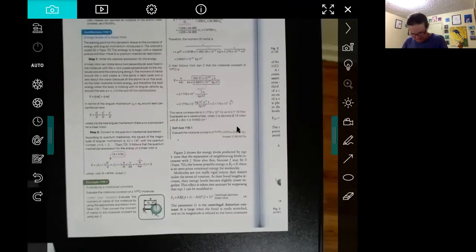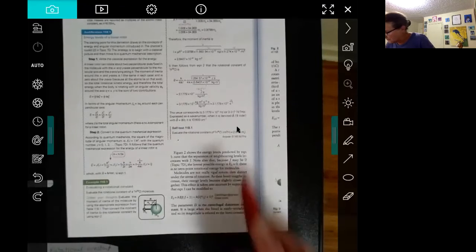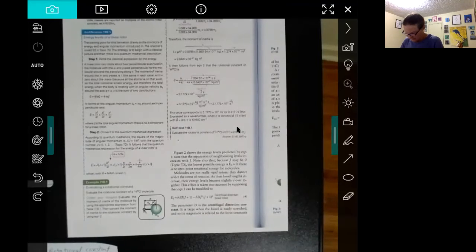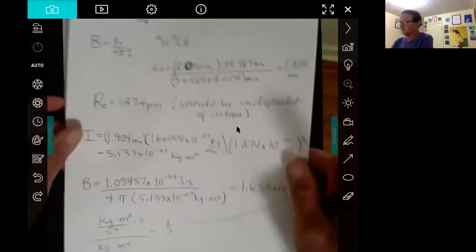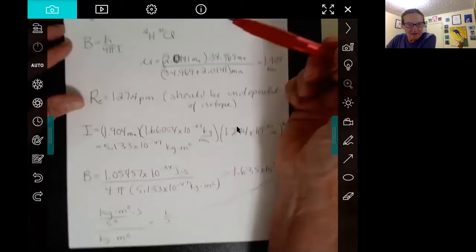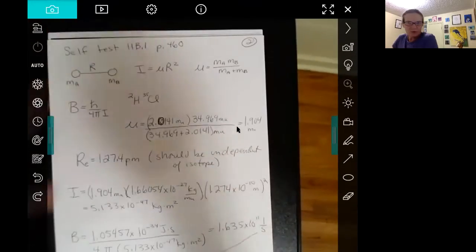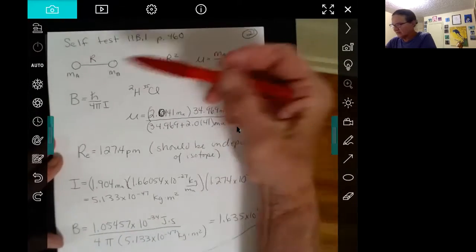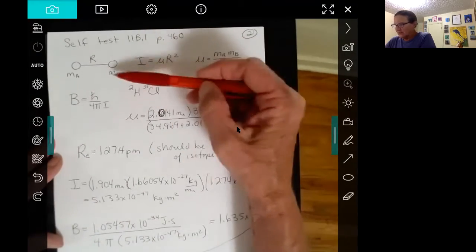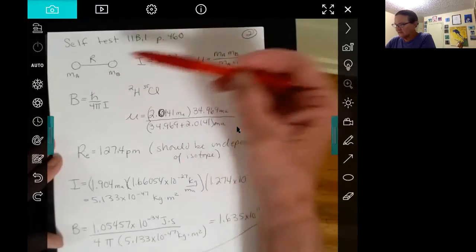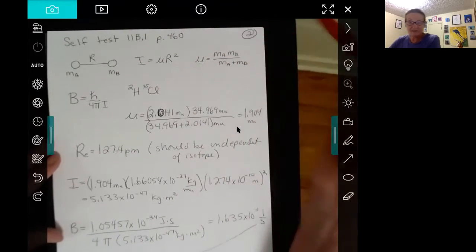So let's just look at the rotational constant for HCl, which is one of the first self-tests. If we want the rotational constant for HCl, we have to start out by thinking, okay, we have an A and a B, so this is H and Cl, and it gives us a particular isotope to deal with.